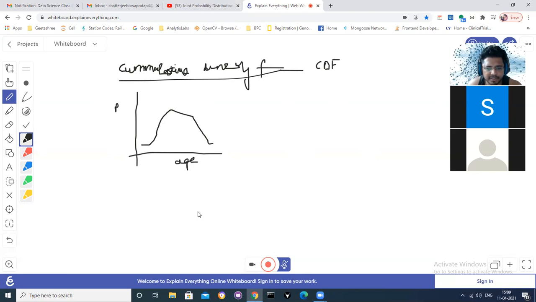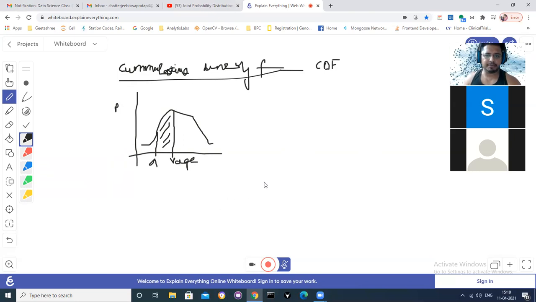Suppose we want to calculate the probability between particular ages: we connect this one with this, we take this area, and that will be the probability of having something between the age of A and B, right? This is what we read yesterday.